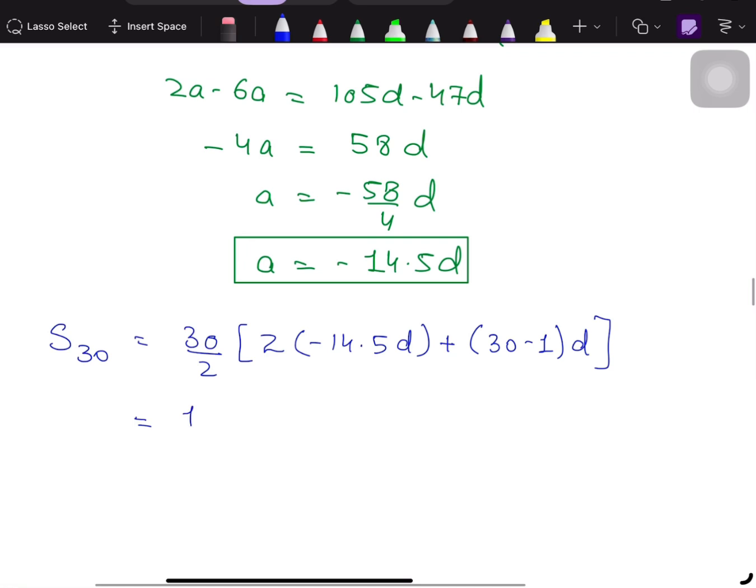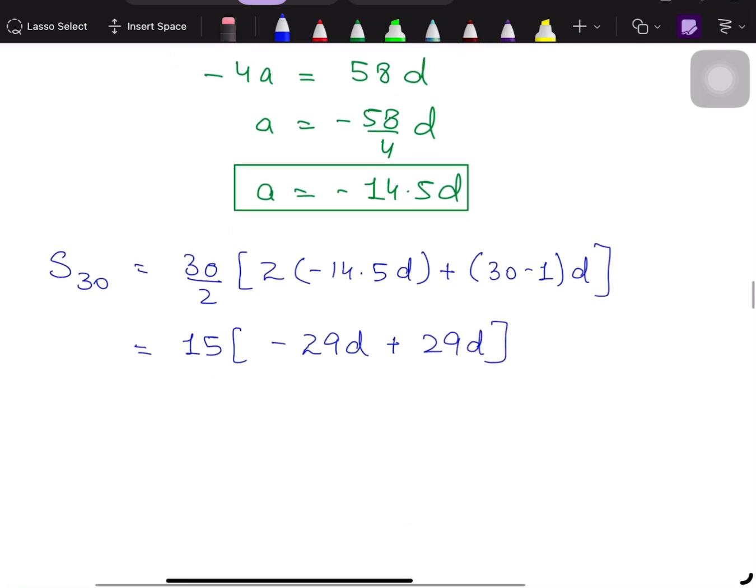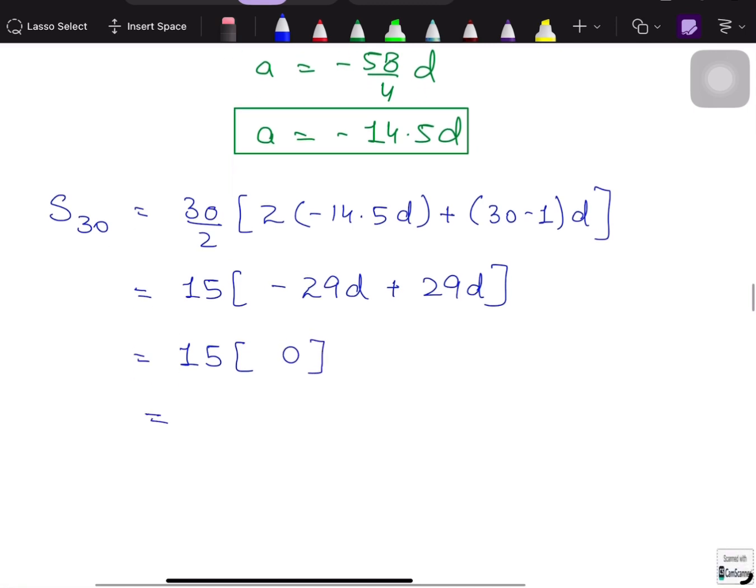So 30 upon 2 would be 15, and 14.5 times 2 will give me negative 29d, and 30 minus 1 is also 29d. So inside the bracket we have two terms with opposite signs. They will be cancelled. We are left with only 0, and 15 times 0 would be 0.